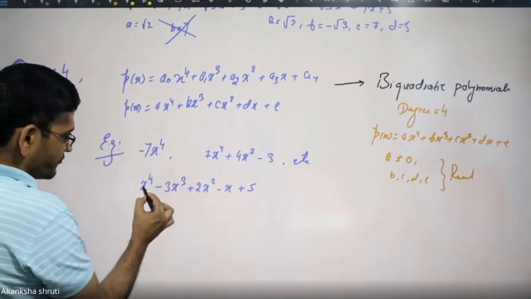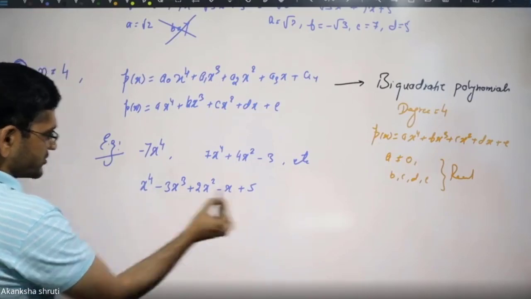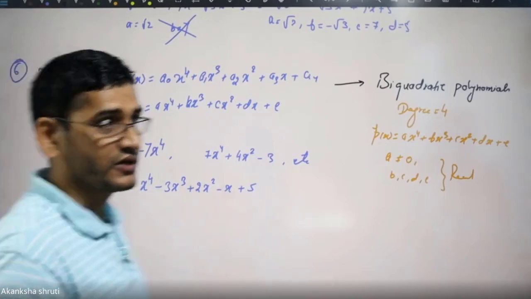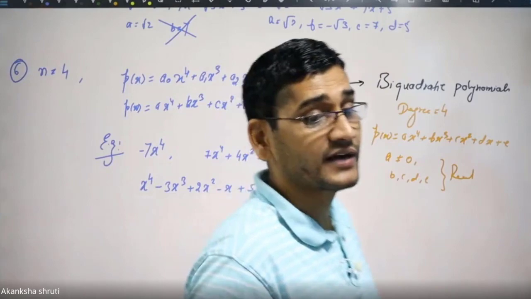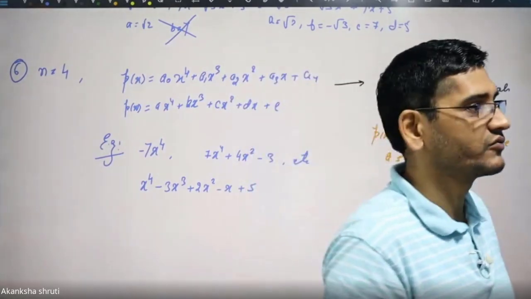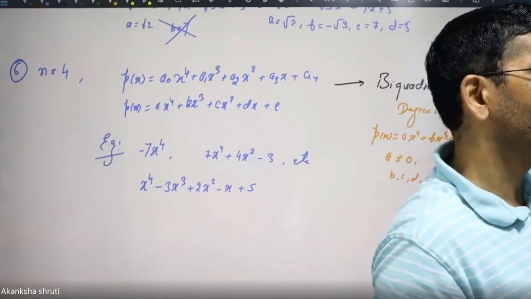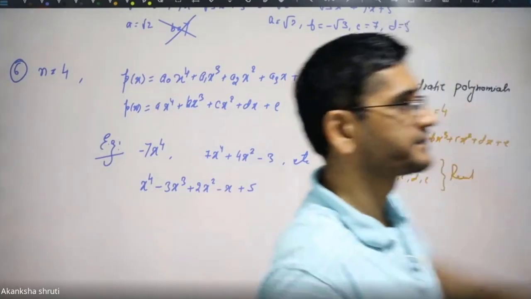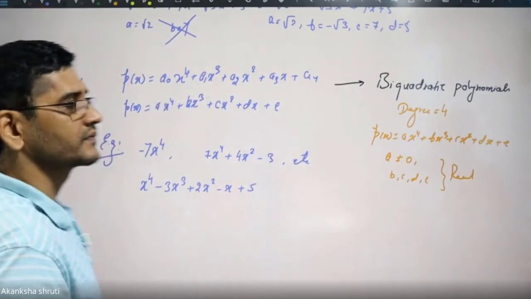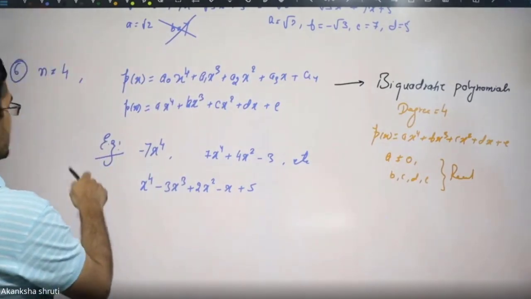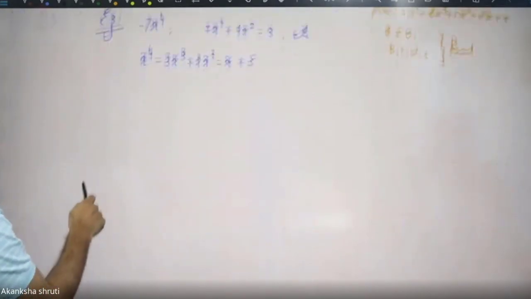There will be 4 values of x which can make this equation 0, that we are going to learn. So those possible values of x are called the zeros. So what they are, that we are going to learn now. So this was all about the type of polynomial.